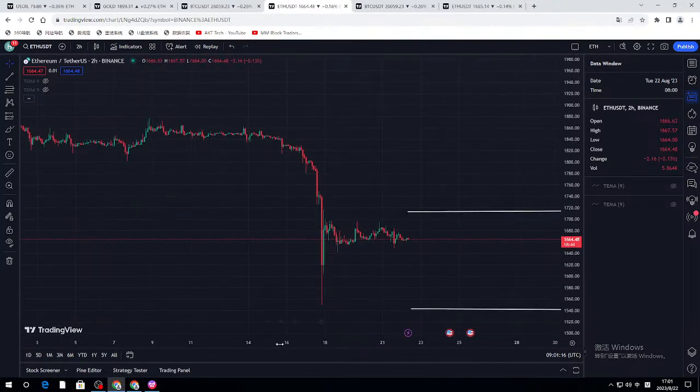Right here for now there is a lot of movement. So let's take a look at the 1-day chart.